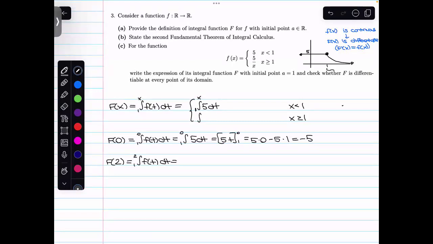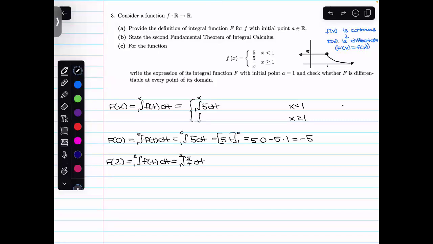So from 1 to 2 means that you're just looking at the right side. So that's the function 5 over x, which I'm just going to change the variable to t. And you're starting from 1, and first we're just going to calculate it with 2. But the final answer doesn't matter too much. What matters is that we just have to integrate the right side.